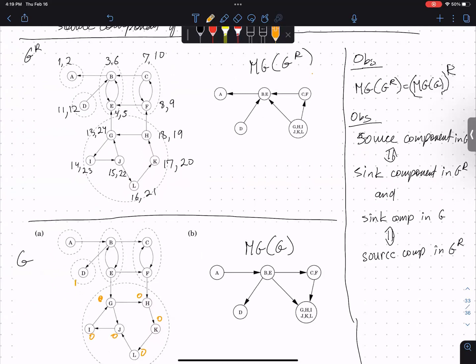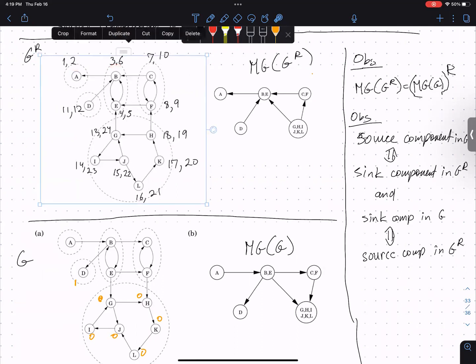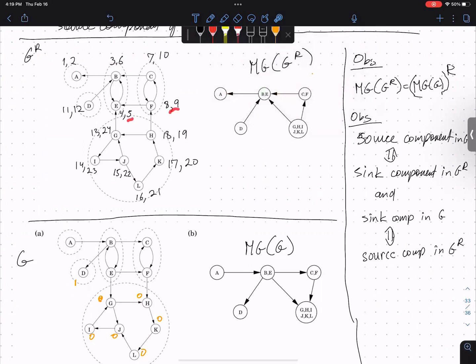We are done exploring D. Then we take the next highest remaining post, and that's going to be F, then C. So we give C a 2. We explore from C, we can get to F, and that's it. Notice we're not going out of F because everything out of there is visited, just as we designed it to be.